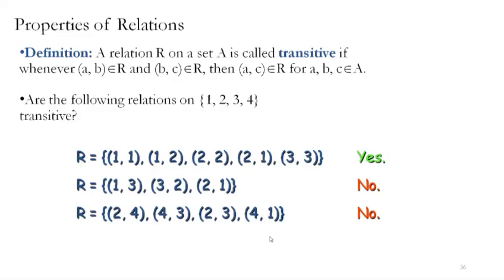A relation R on a set A is called transitive if whenever A comma B belongs to R and B comma C belongs to R, then A comma C should also belong to R. Take 2 comma 4 and 4 comma 3, and 2 comma 4 and 4 comma 1, the first pair and last pair. 2 comma 4, 4 comma 1.